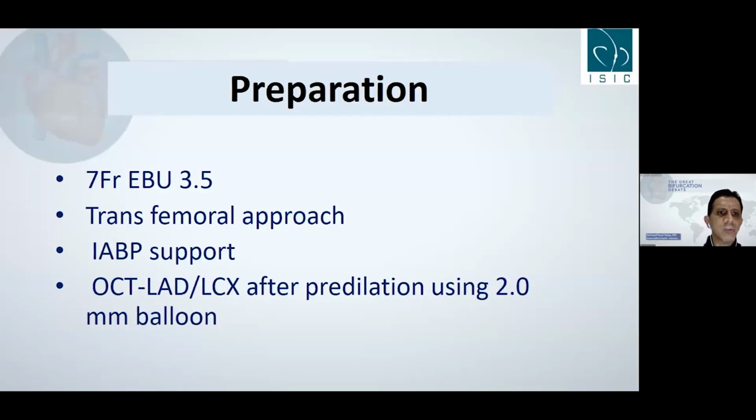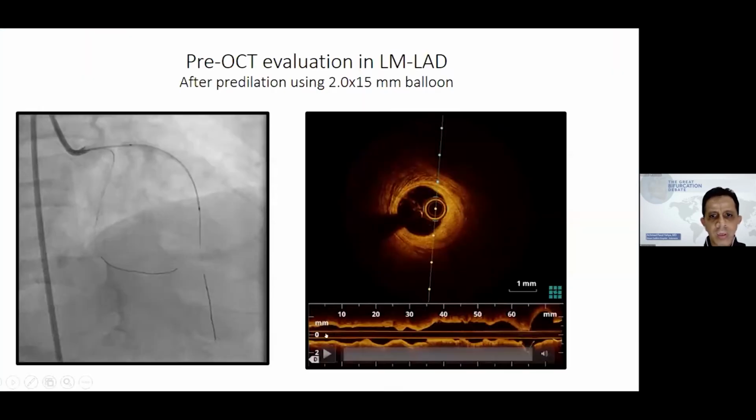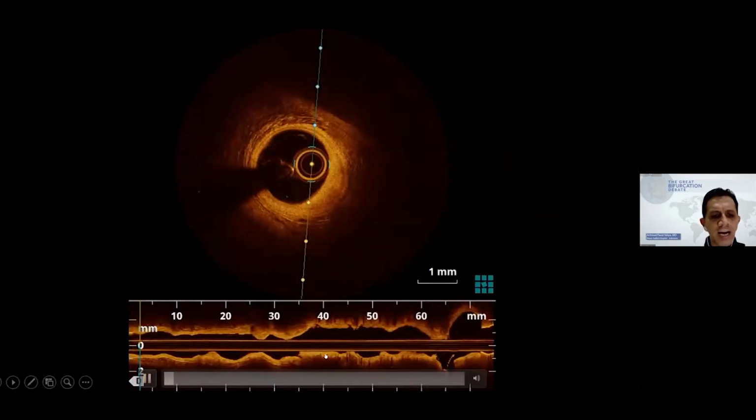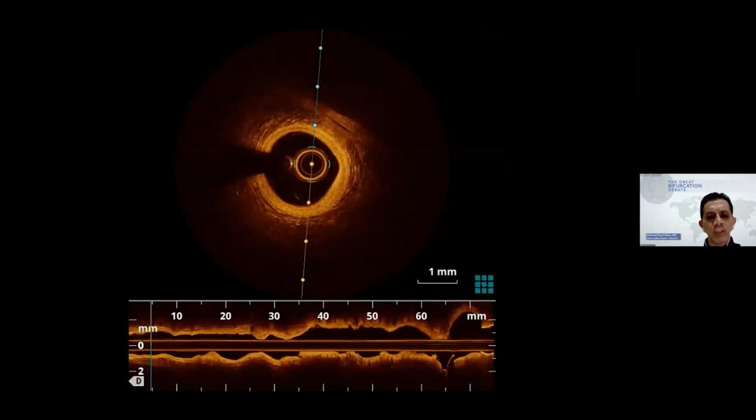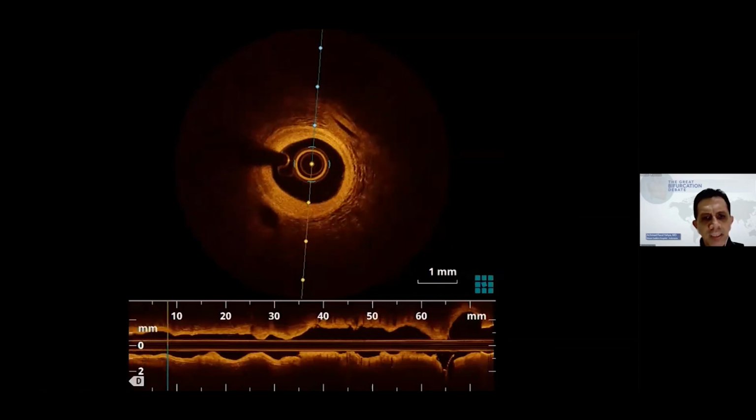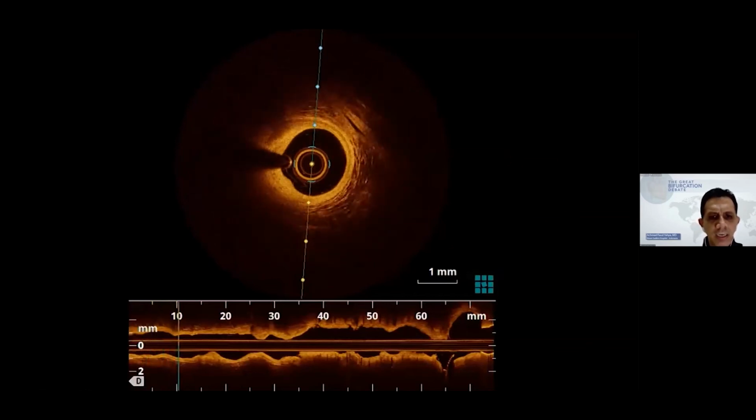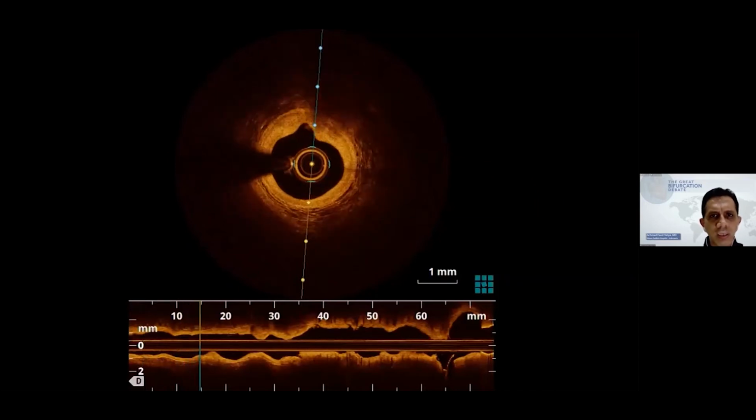So we prepared using a 7 French EBU 3.5 transfemoral approach, with IABP support, and we performed OCT of the LAD and circumflex after predilatation using a 2.0 millimeter balloon. This is the OCT run from LAD to left main, demonstrating that at the mid-distal LAD there was a lot of fibrotic disease.